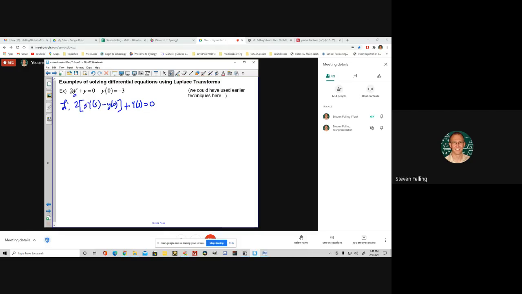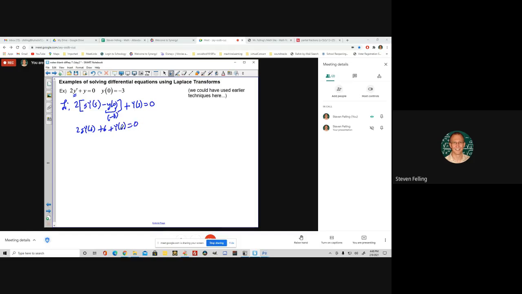Okay, so we take the Laplace transform of the entire equation, both sides. That forms an algebraic equation, no derivatives now. Now all I have to do is solve this algebraically. But before we do that, we're going to substitute that y(0) is equal to -3. So now I have 2 times s Y(s) minus, or I have 2 times, let's say minus is plus 3. So that's 3 times 2 is 6, plus Y(s) equals 0.